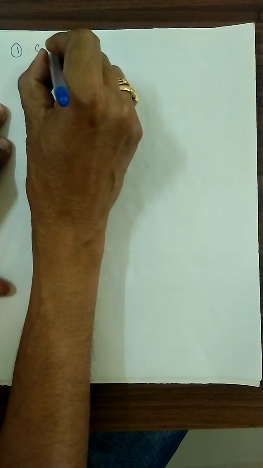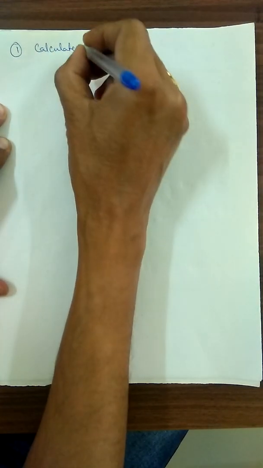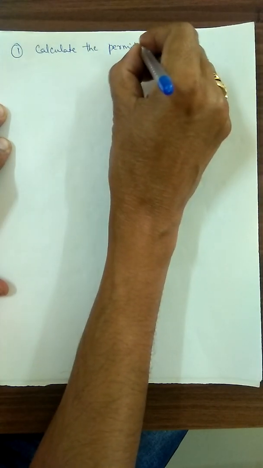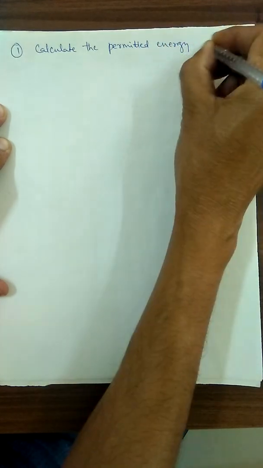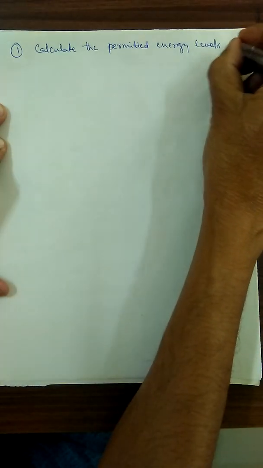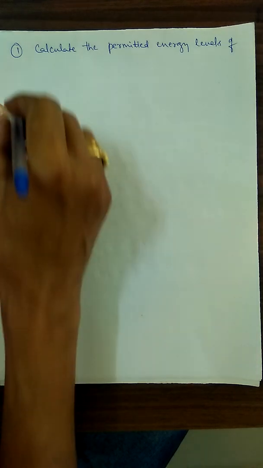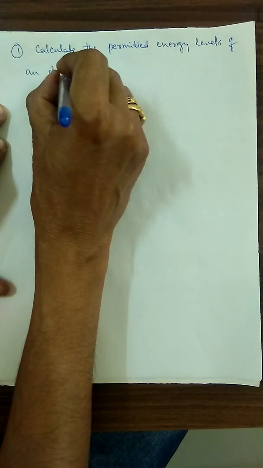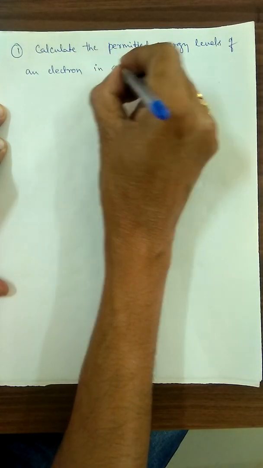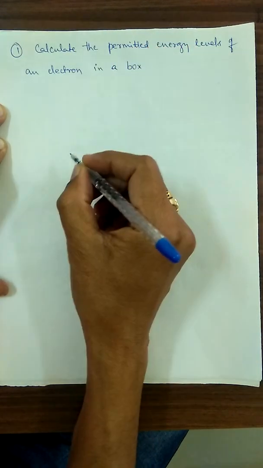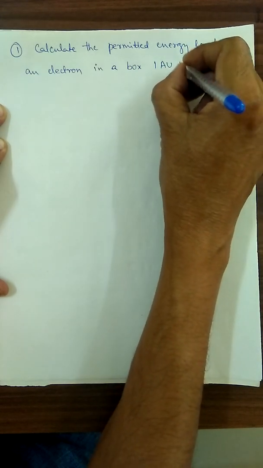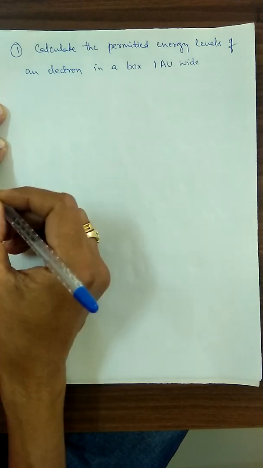Calculate the permitted energy levels of an electron in a box 1 AU wide, 1 AU means angstrom, width is equal to 1 AU.